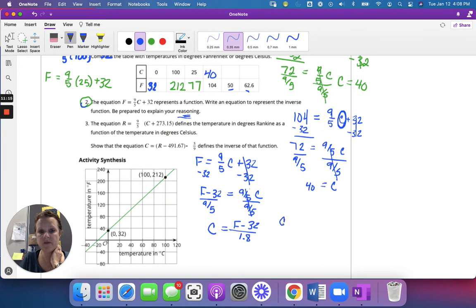So if I input 50 minus 32 divided by 1.8, I don't have to subtract 32 from both sides, then divide both sides by 9/5. I can just do 50 minus 32 divided by 1.8, and I get 10.